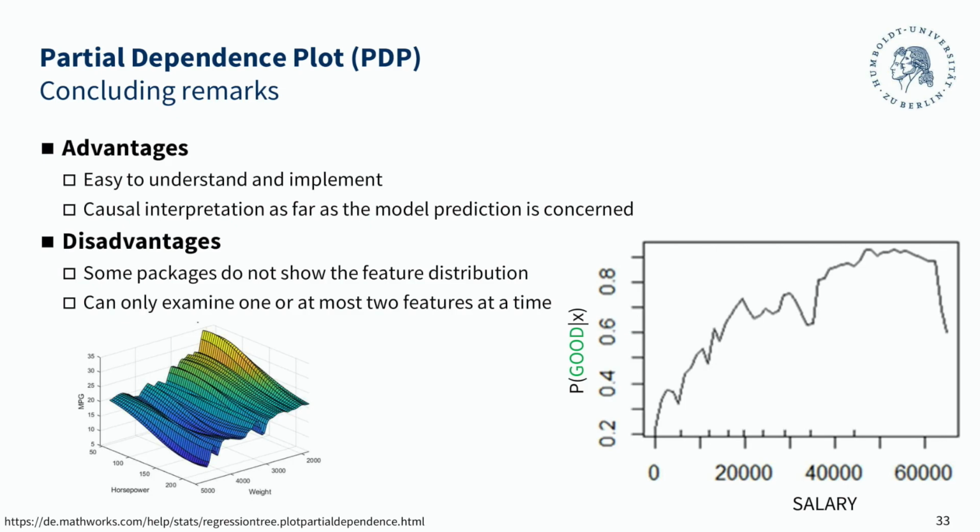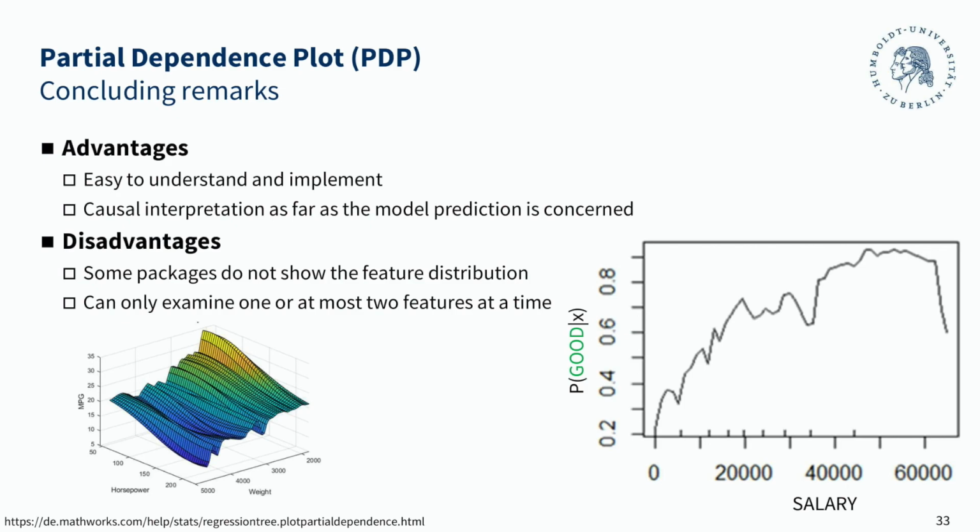One remark, in this example PDP plot here, you have these little rugs, they're called rugs, you know, these little bars. The idea of these bars is to indicate the mass of actual values, where the data is.